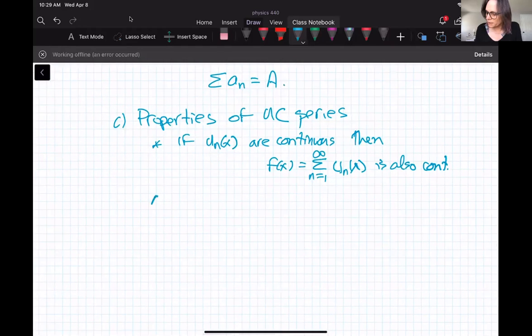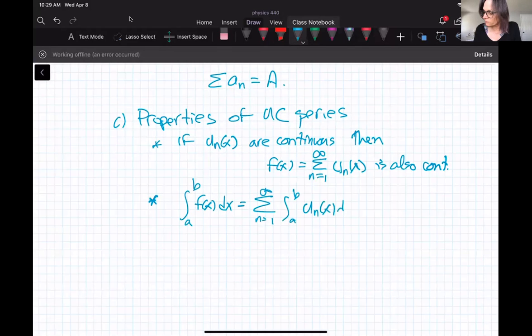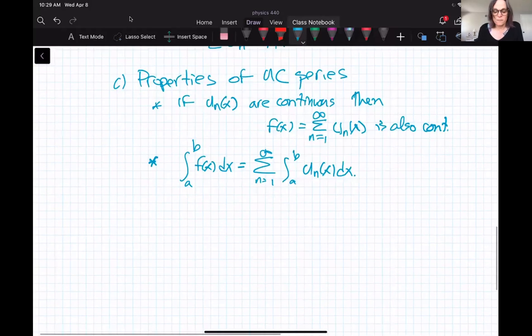That's important, but not necessarily as important as the fact that we can write the integral from a to b of f of x dx as the sum from n equals 1 to infinity of the integrals from a to b of these functions. And of course, how many of these terms you keep depends on how quickly this converges.